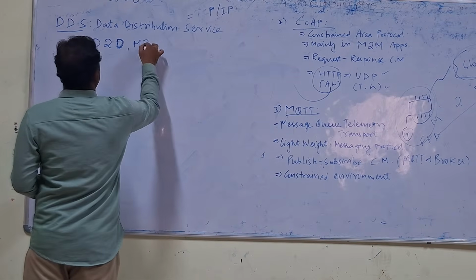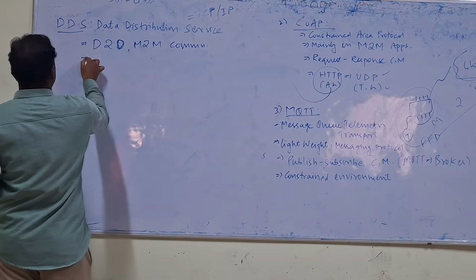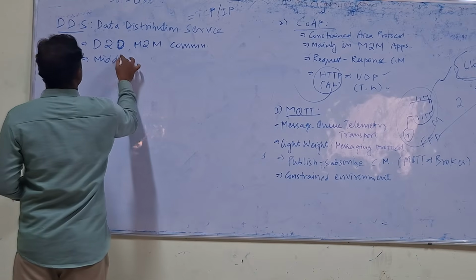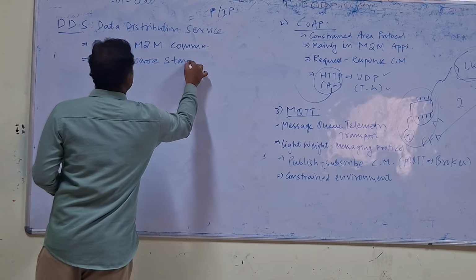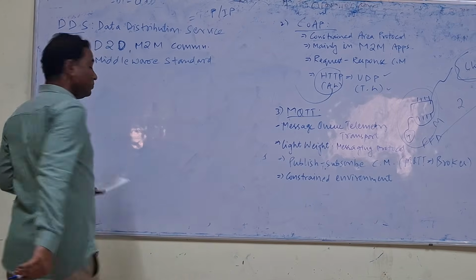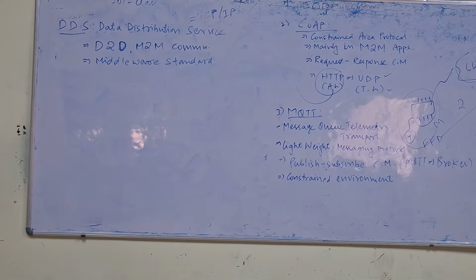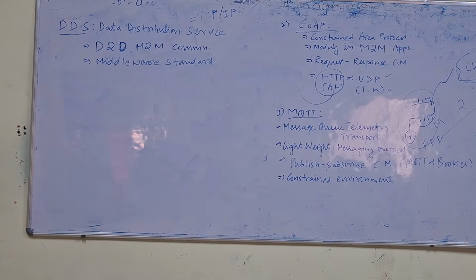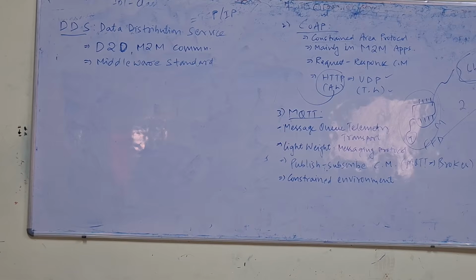It is also for end-to-end device to device communication, machine to machine communication. It is a middleware standard. You have hardware, software, and you have middleware. Here the program is already burnt; you cannot change it.